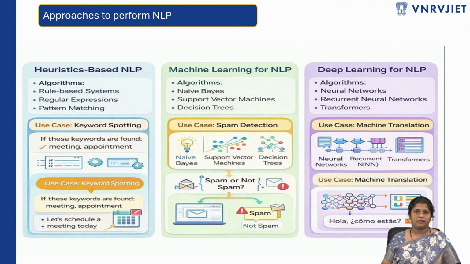To address this properly, we have the approaches: heuristic based approach, machine learning based approach, and deep learning approach. Heuristic based approach is a rule based approach with if-then-else, where you use regular expressions and pattern matching applications.